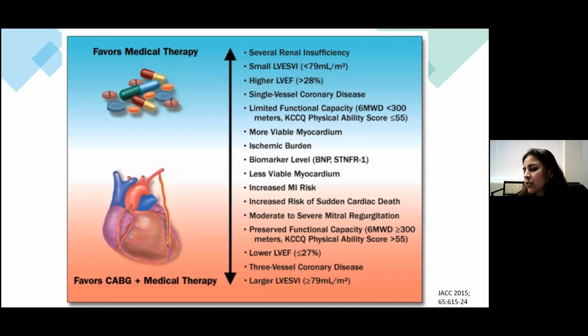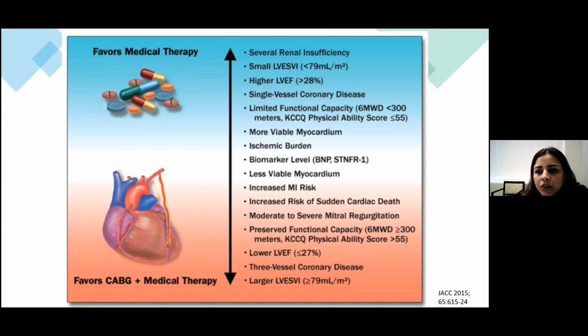Whereas the patients who will survive better with CABG versus medical therapy are a little sicker patients who have more ischemia demonstrated. And we will talk about how mitral regurgitation, or ischemic MR, fits into that.